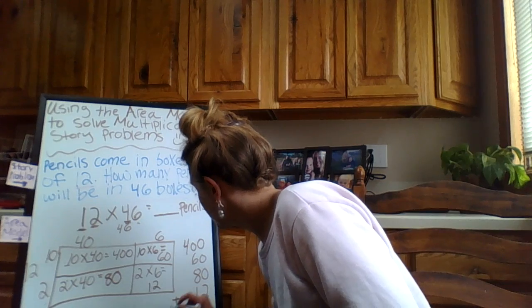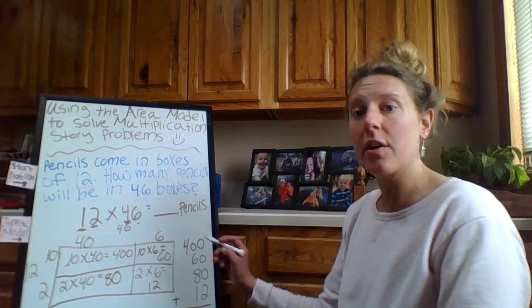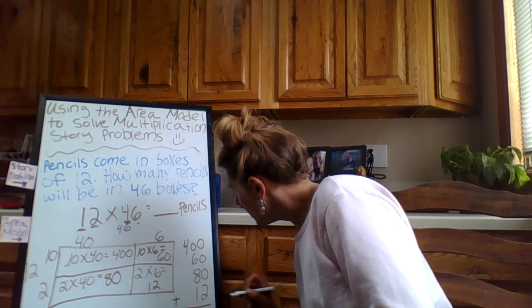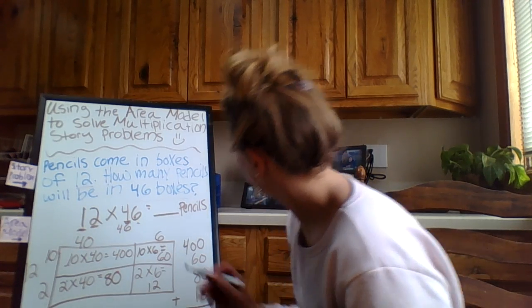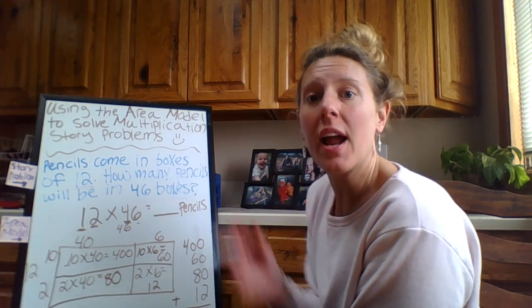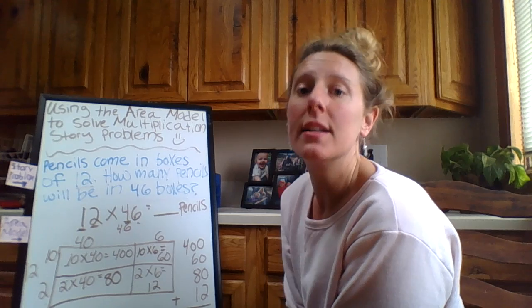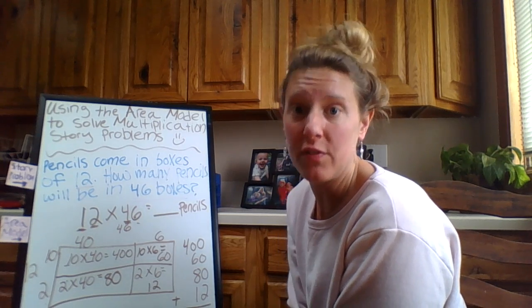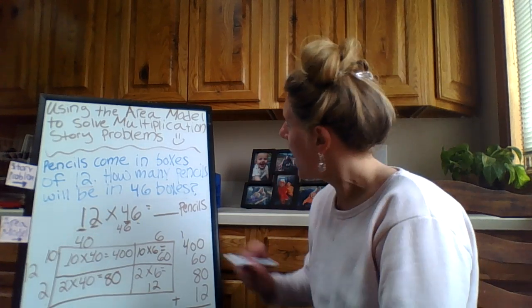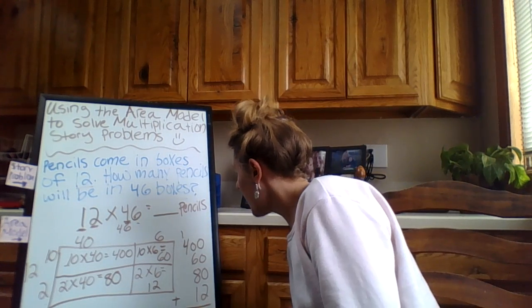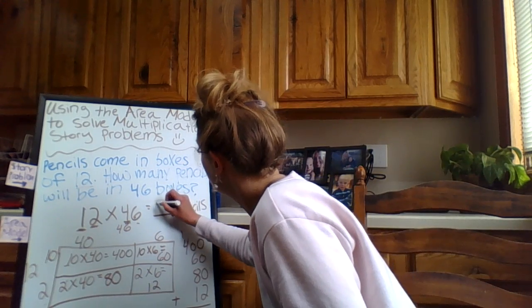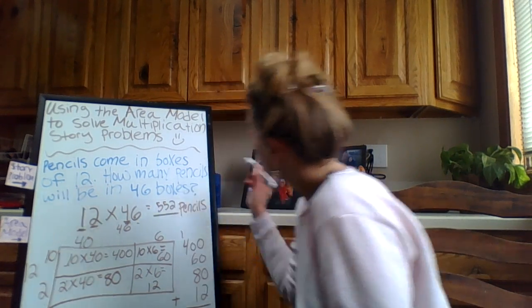So I'm going to write the plus sign, draw a line, and then I start in my 1's place: 0 plus 0 plus 0 plus 2 is 2. Okay, 8 plus 1 is 9. And then we add 6 more. We can put 9 in our head and then count up. So 9, 10, 11, 12, 13, 14, 15. So I write the 5, carry the 1 over, and then 4 plus 1 is 5. And I get an answer of 552 pencils.